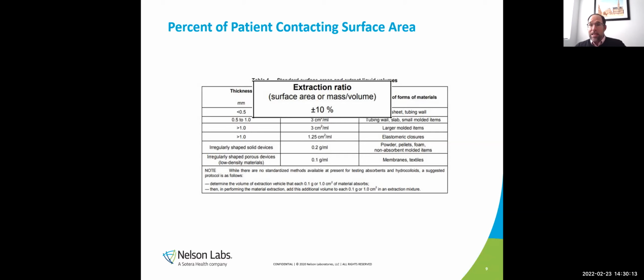But I use it to help us evaluate the risk of a surface area change. If you're changing less than 10% of the patient contacting surface area of a medical device. So if it's a big delivery device that has huge handles that do not contact the patient, and then only the distal end contacts the patient, you have to look at the patient contacting surface area.